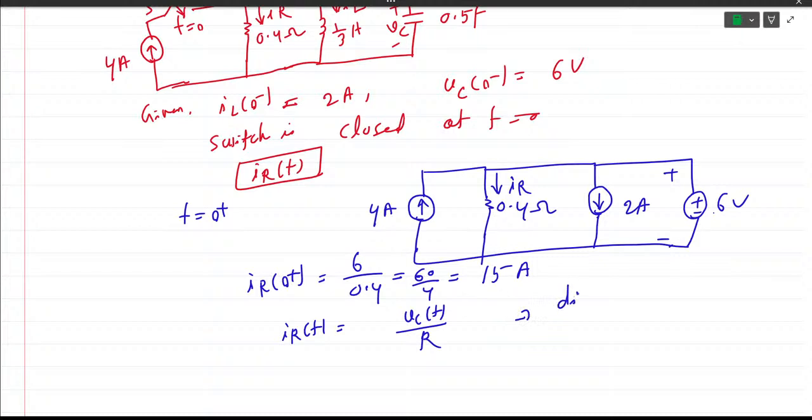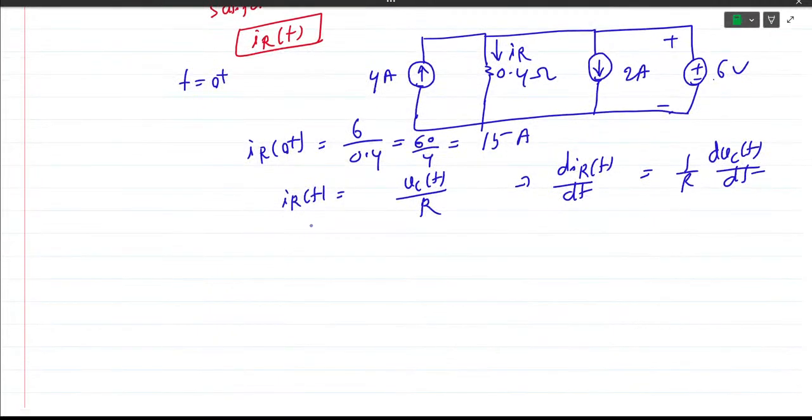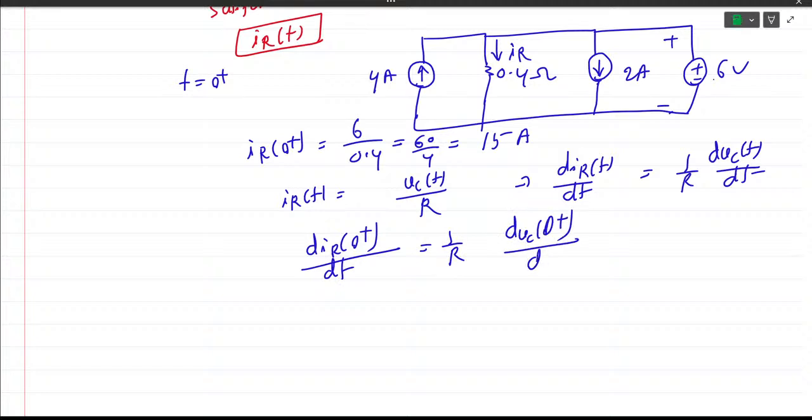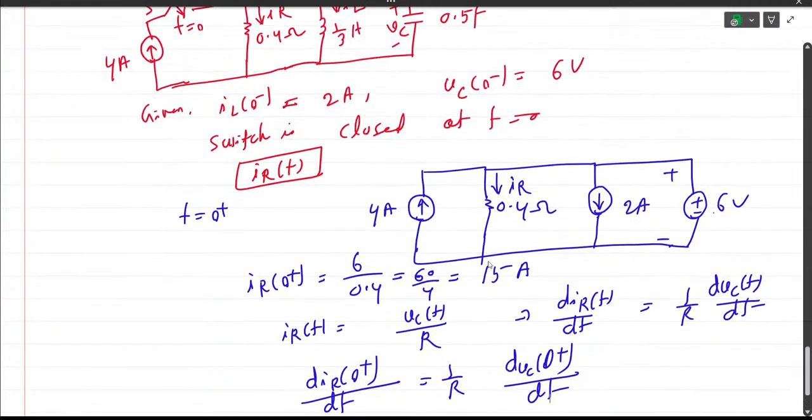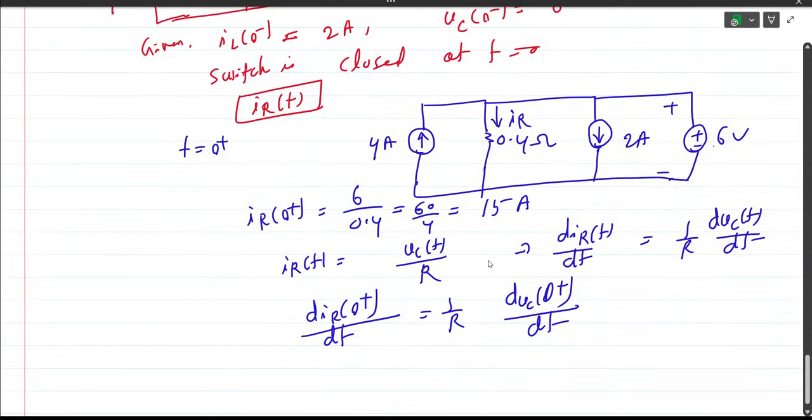And dIR(t) upon dt is 1 upon R dVC(t) upon dt. That means dIR(0 plus) upon dt is equal to 1 upon R dVC(0 plus) upon dt. That means we need to find dVC(0 plus) upon dt, right?